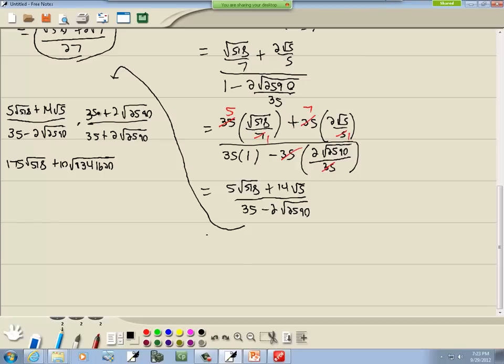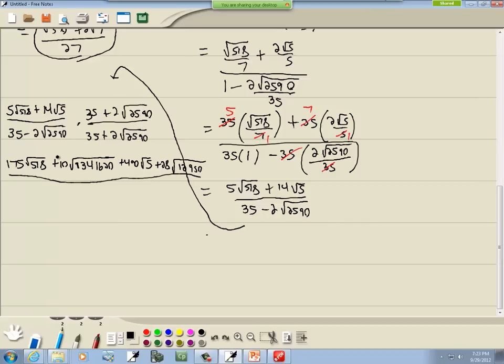This one times this one, 14 times 35, 490. So 490 square root of 5. And then this one times this one, 14 times 2 is 28, and square root of 2590 times 5, 2590 times 5, 12,950.